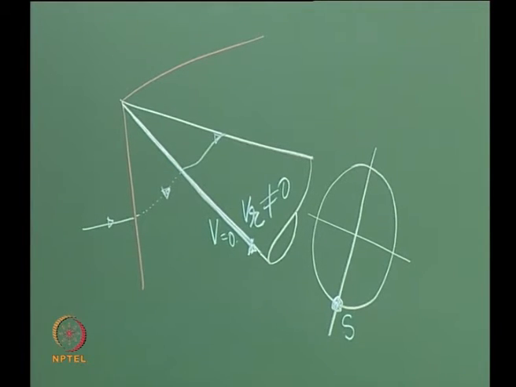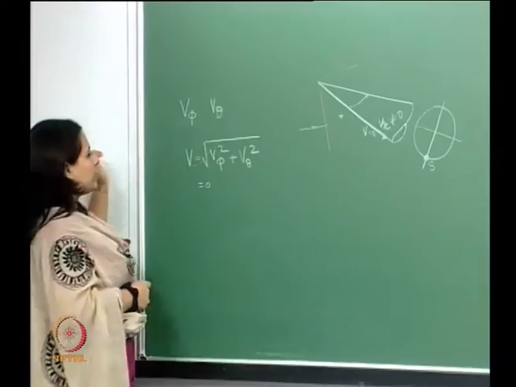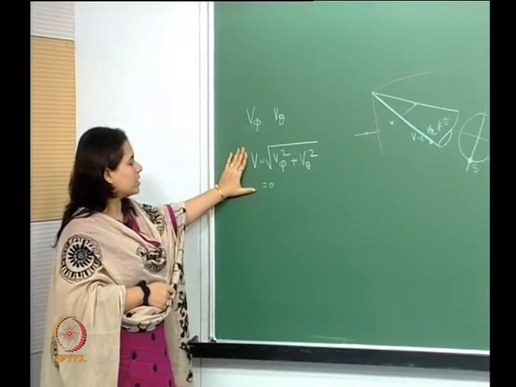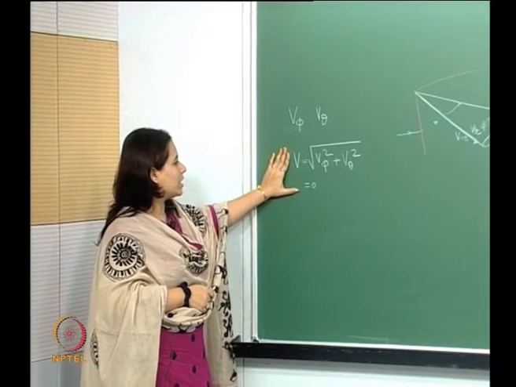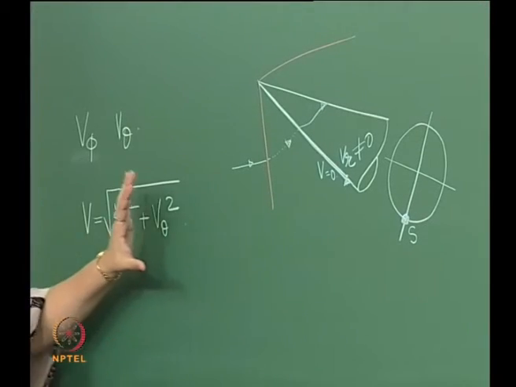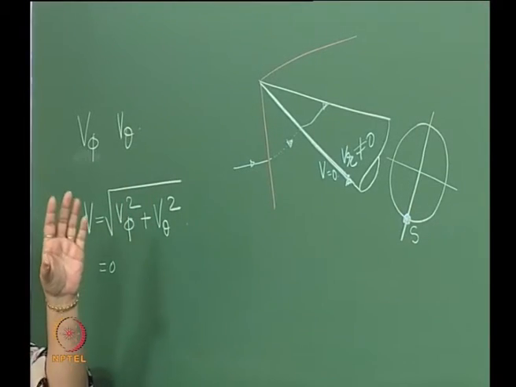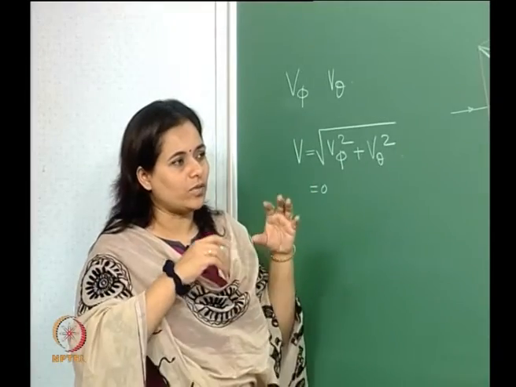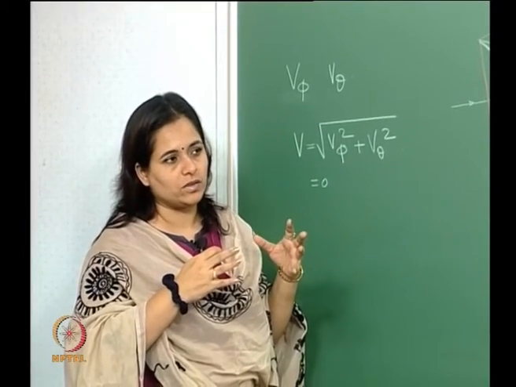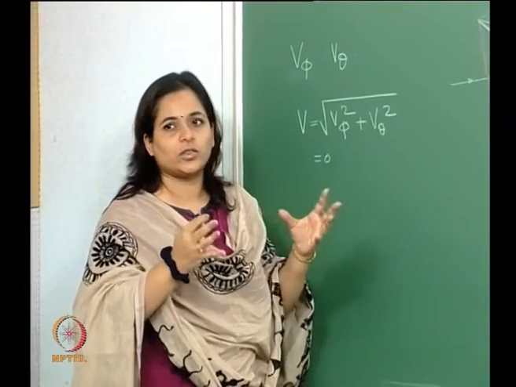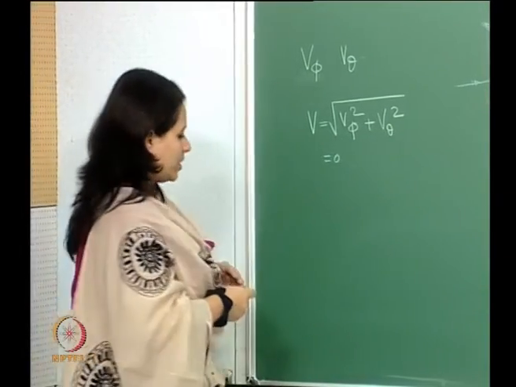Since we are talking about velocities over here, consider the velocity of the fluid moving through the streamline, through the shock structure onto the cone.